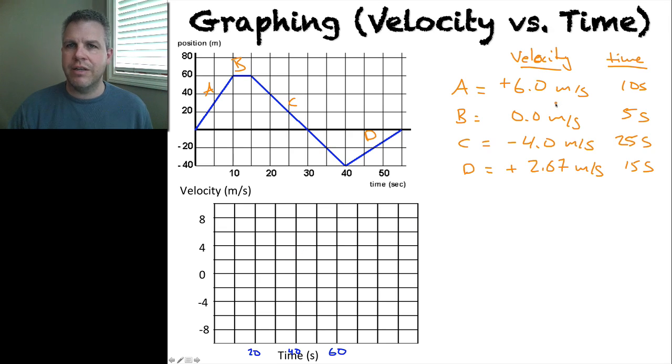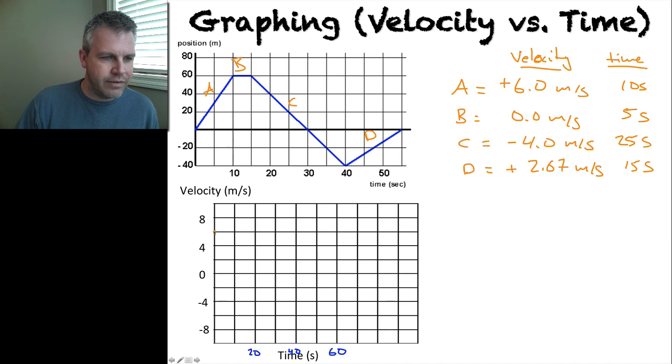Okay, so now let's take our information and graph that. So at 6.0 meters per second, it lasts for 10 seconds. So I'm going to start here, here's 6, and I'm going to make that last 10 seconds. Okay, so that's how we show our velocity, really simple. Then segment B, I have to start from where segment A leaves off.